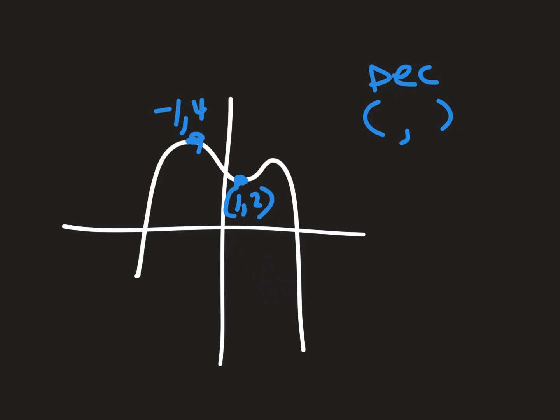How do you do that? Don't just write the 2 points. That won't work. Decreasing interval there. If you don't know, check with your partner, see if they remember this. Maybe you'll both remember.